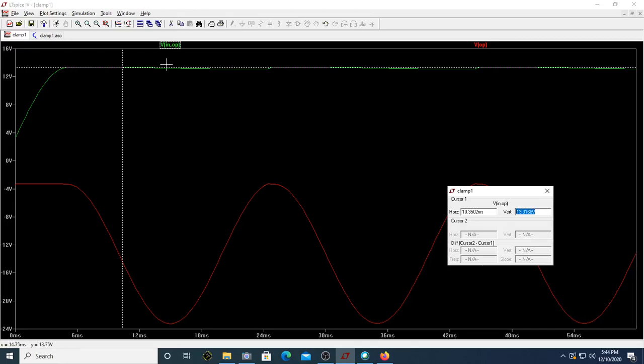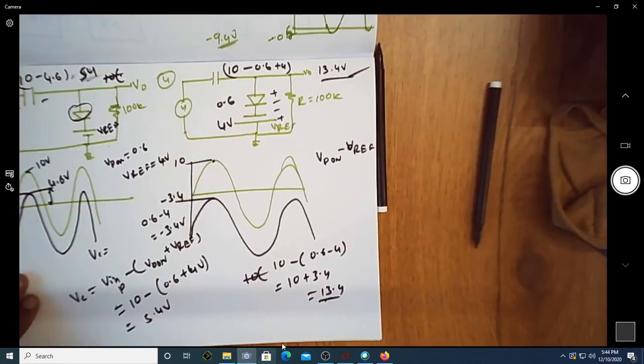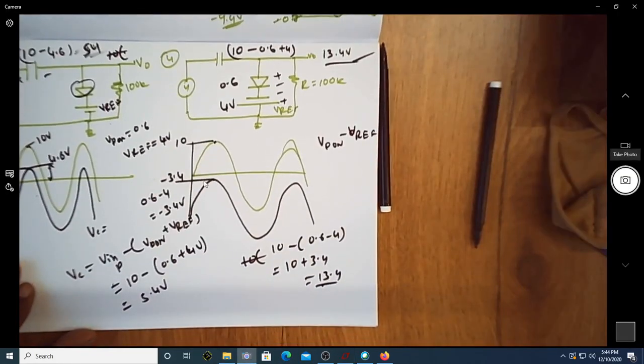You can see this is the capacitor voltage. If you see the output voltage, as per this, the output voltage should be clamped at minus 3.4 volts. Why it is minus 3.4: this 10 will now be clamped to 0.6 minus of 4 volts, because this is minus of 4 volt.